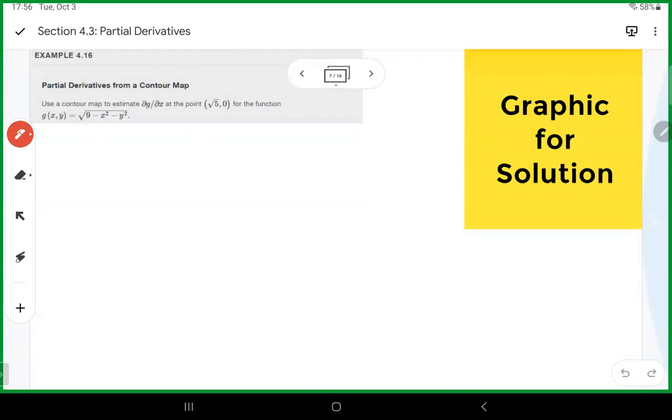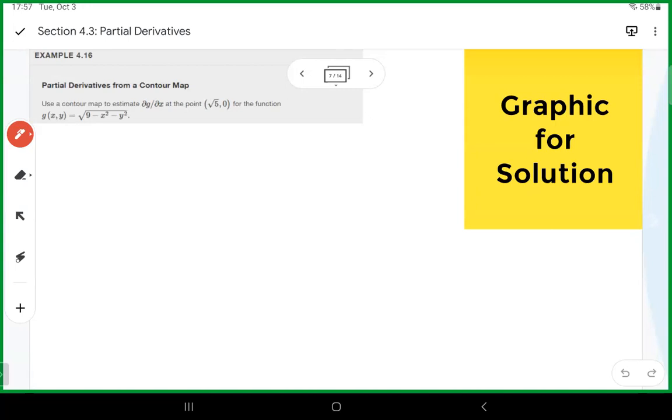So for this example, it says use a contour map to estimate the partial differentiation at the point square root of 5, 0 for the following function. So there's a graph that represents the contour map. The inner circle on the contour map corresponds to c equals 2. And then the next one corresponds to c equals 1.